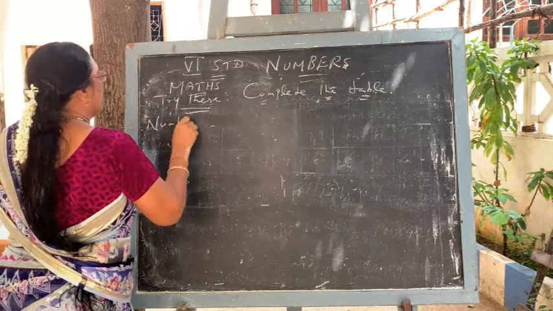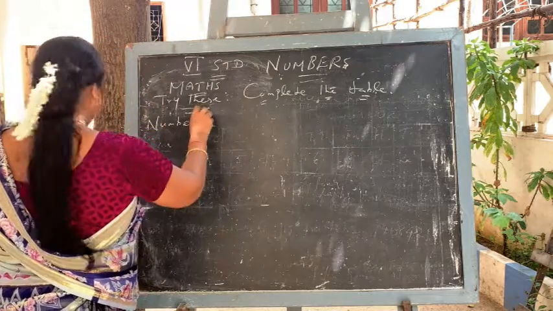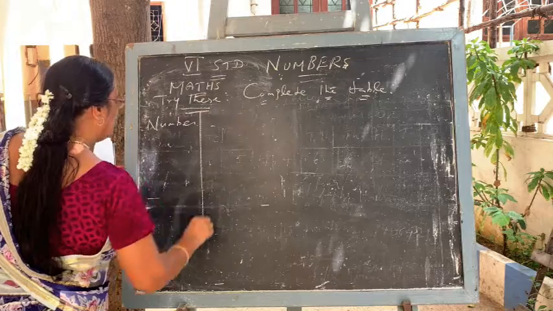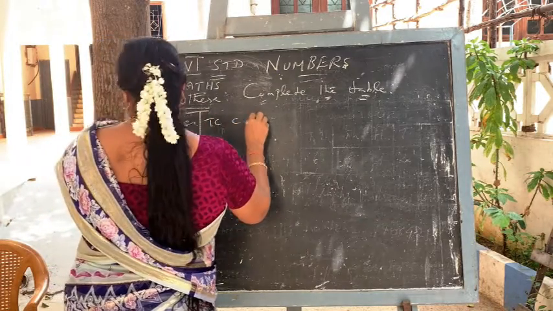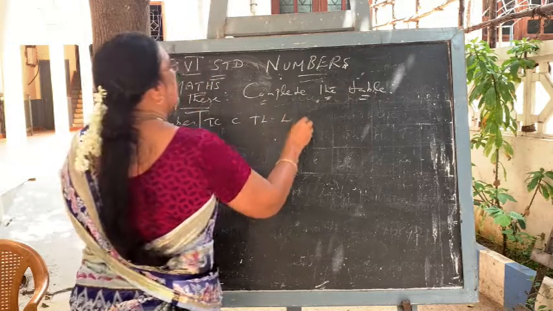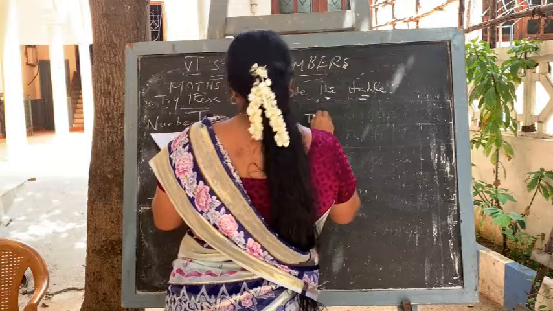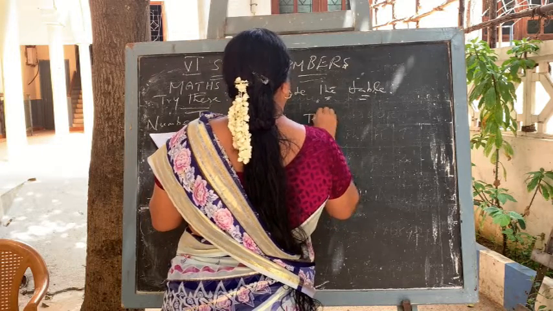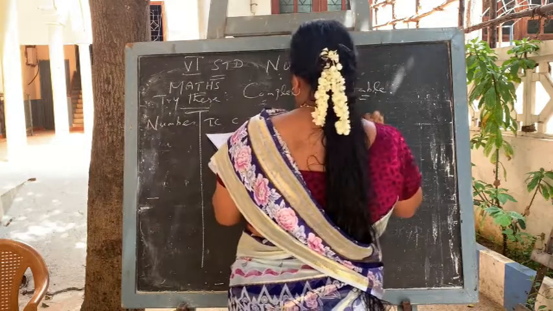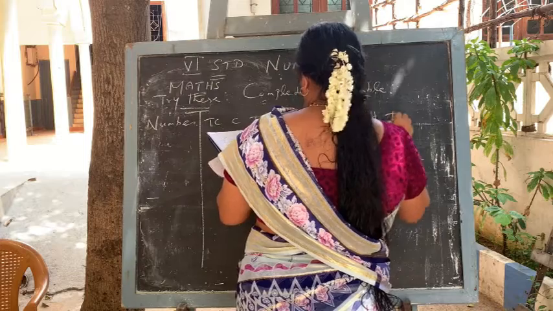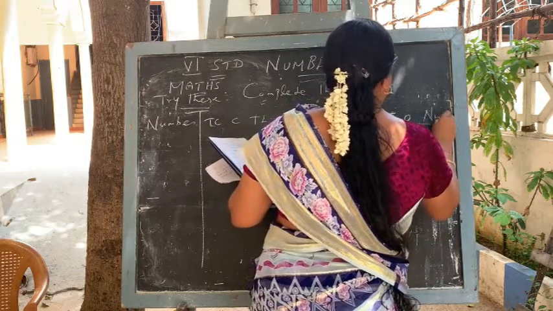Number, TC, C, TL, L, 10,000, 1,000, 100, tens, ones. The number name.